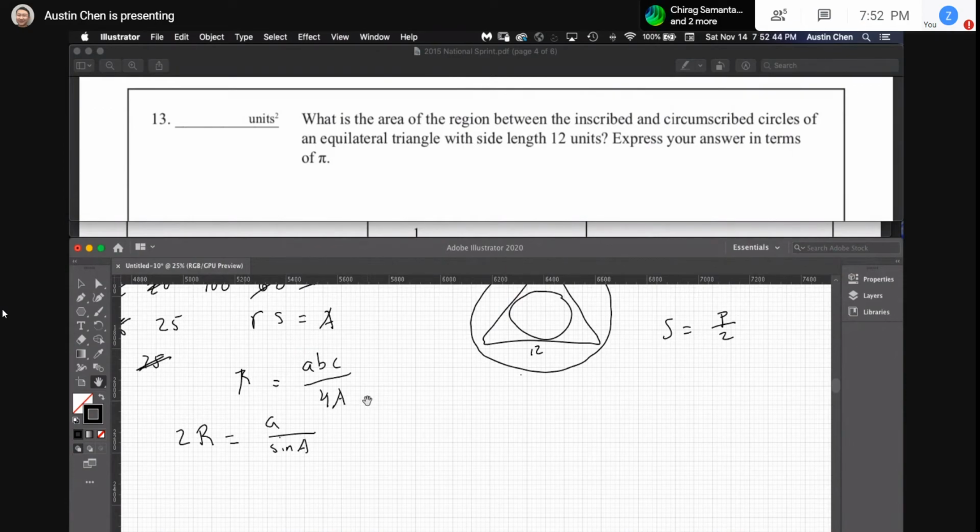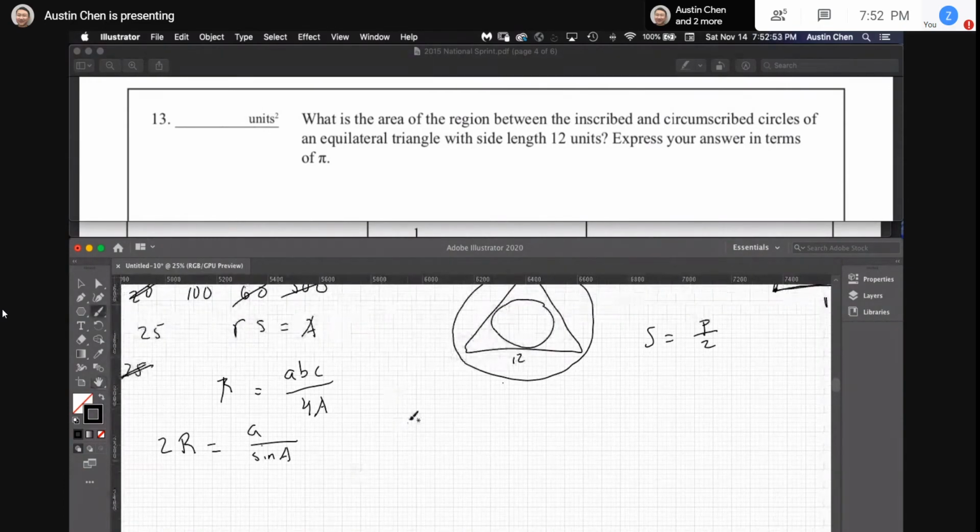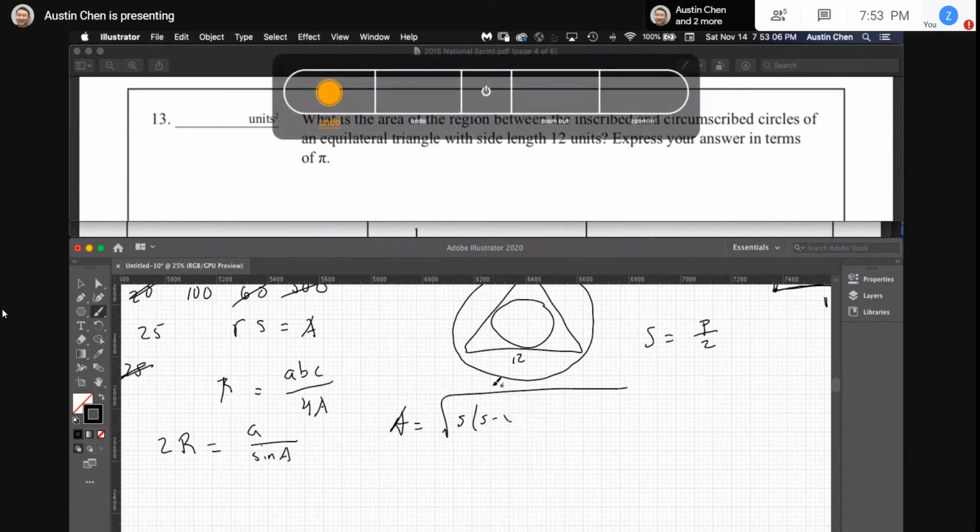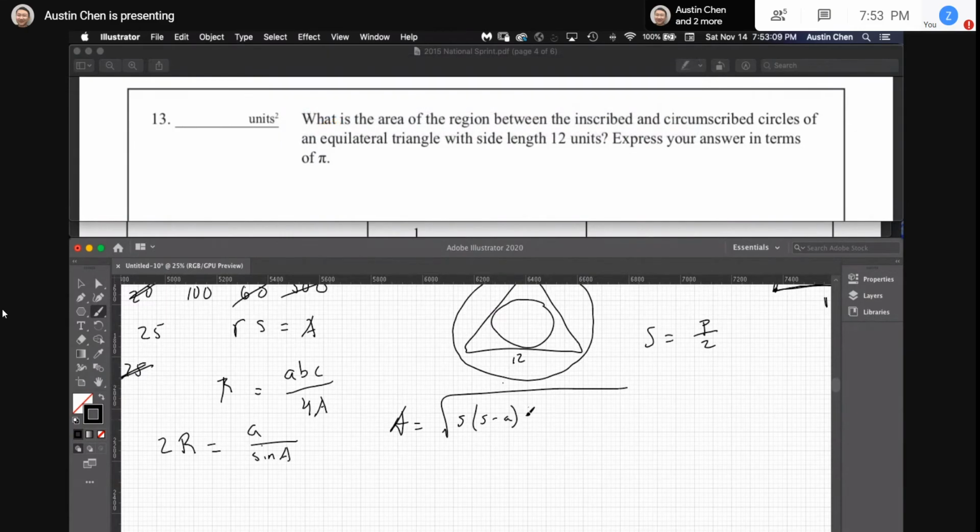And the area, you could also put it in just a formula of the sides, right? With Heron's formula. Heron's formula is that the area will equal the square root of the semiperimeter times the semiperimeter minus A, times the semiperimeter minus B, times the semiperimeter minus C. And then we could put that into here, or here.